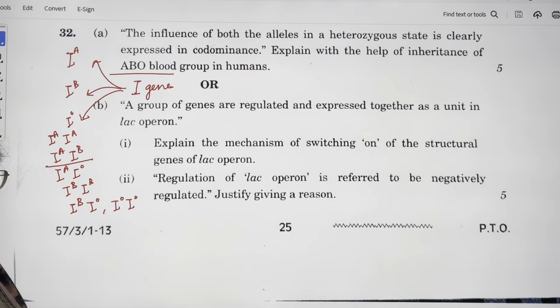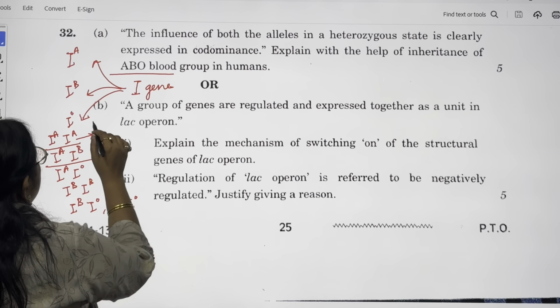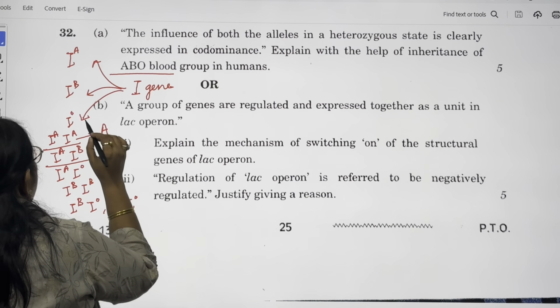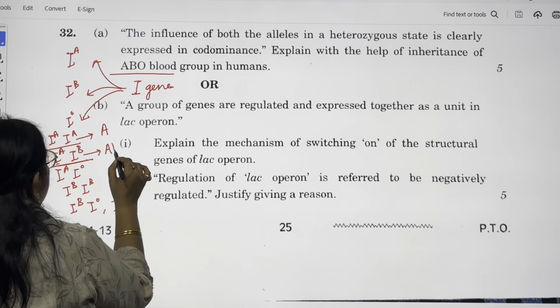Only these 6 combinations can be there. IA will result in A blood group, IB in B, and IA IB in AB.